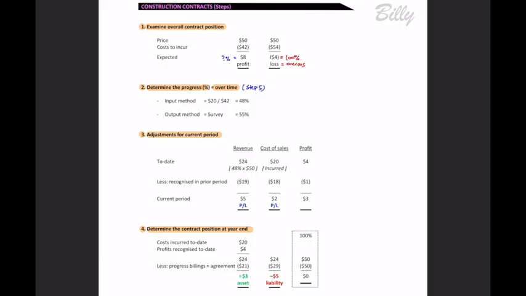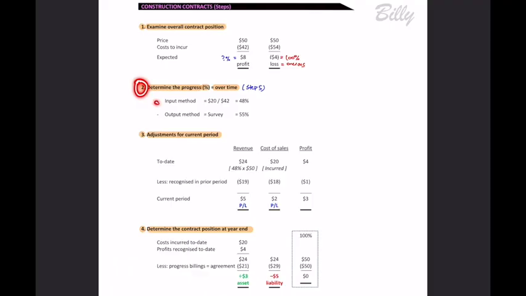This is a quick discussion on the steps to account for a construction contract to be recognized over time. Step 1 is to examine the overall contract position, to determine whether the contract is a profit position or a loss position. If it's a loss position, the loss must be recognized immediately, 100%. Step 2 is to determine the progress completed to date, in other words, the percentage, to account for revenue over the period of the construction contract.